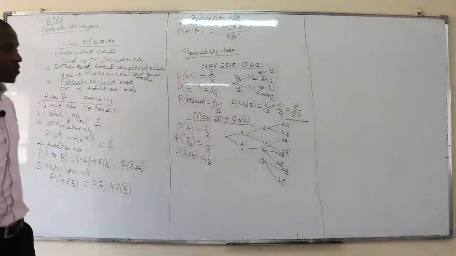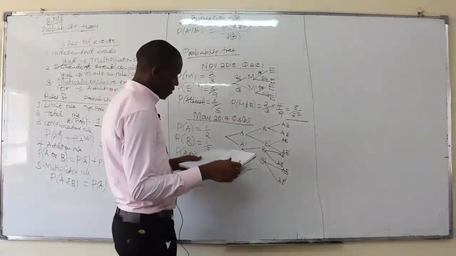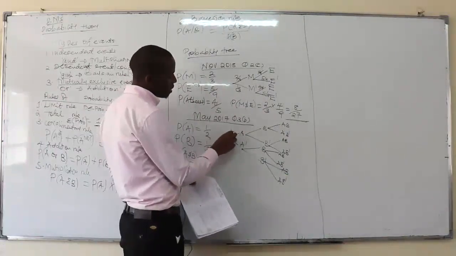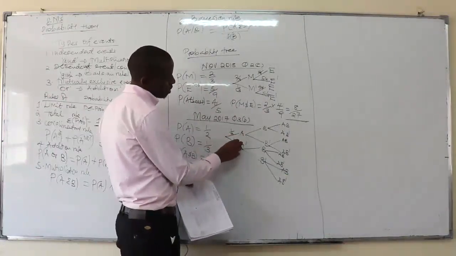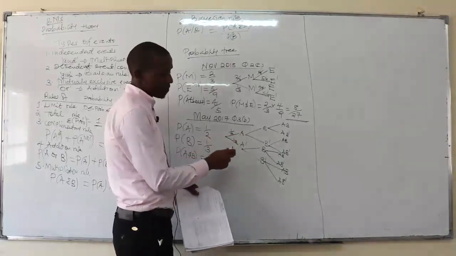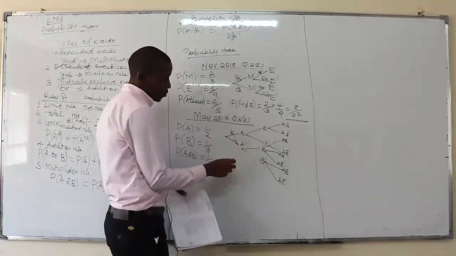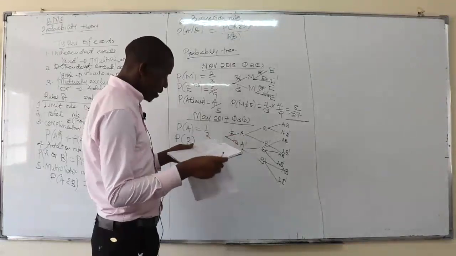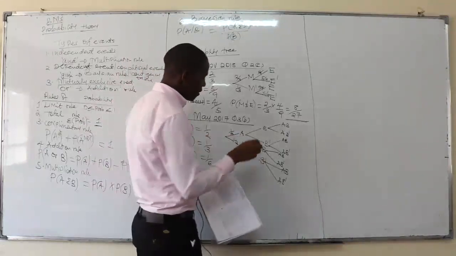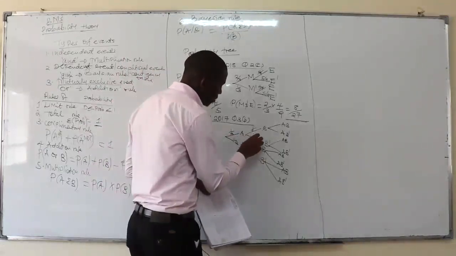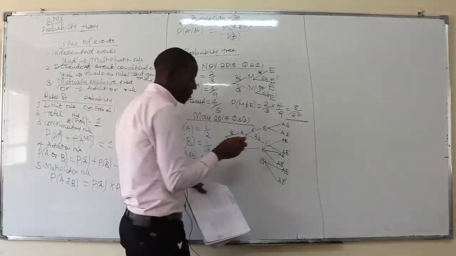So in that case, we've been given there, probability of A winning is a half. It means A not winning will also be half, 1/2. Probability of B winning we've been given, so B not winning will be 2/3.